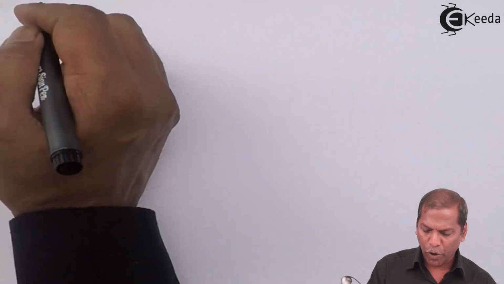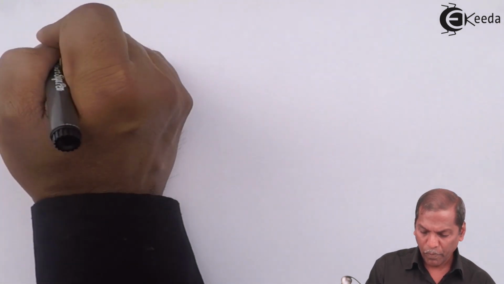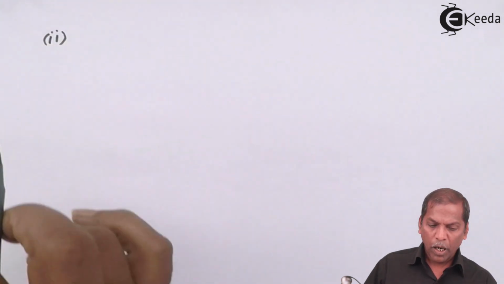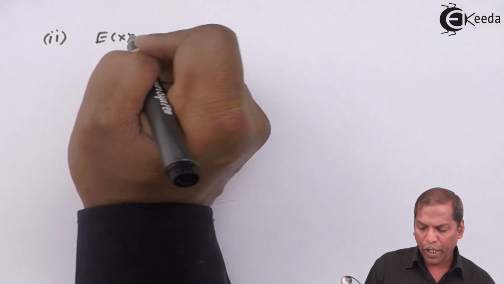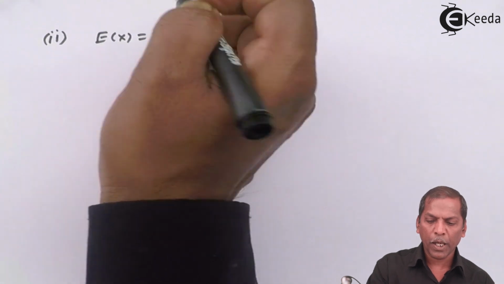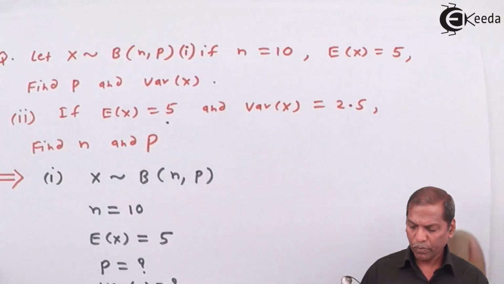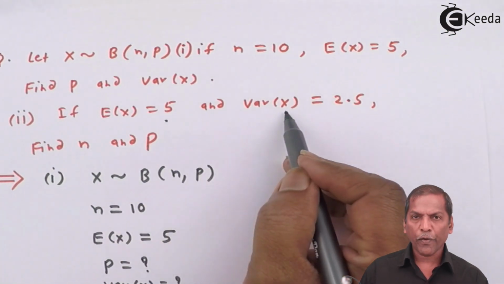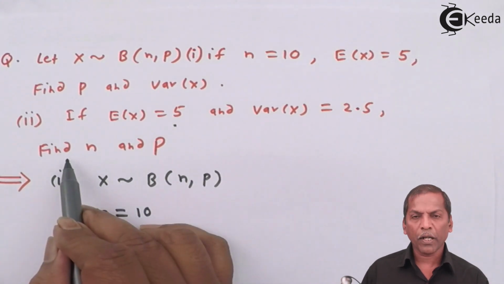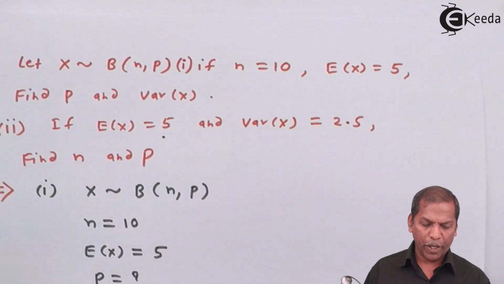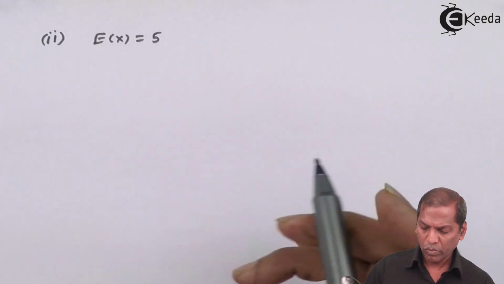Now we consider the second part of the problem. In the second part we are given that expected value of x is equal to 5 and variance of x is equal to 2.5, and we have to find the value of n and p.